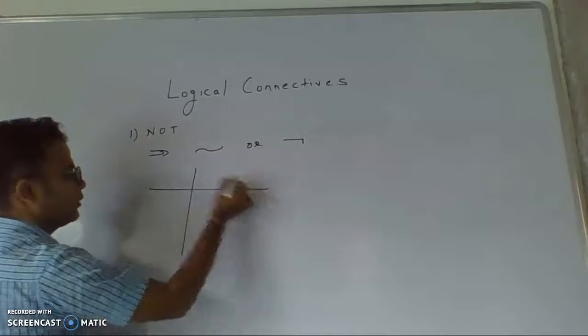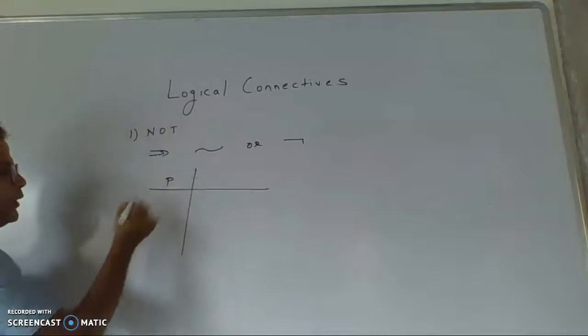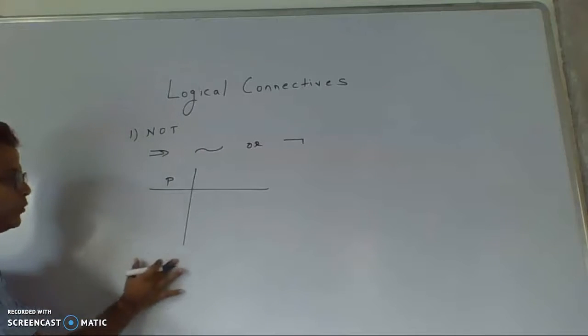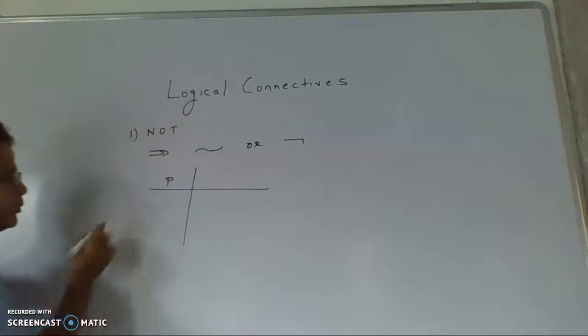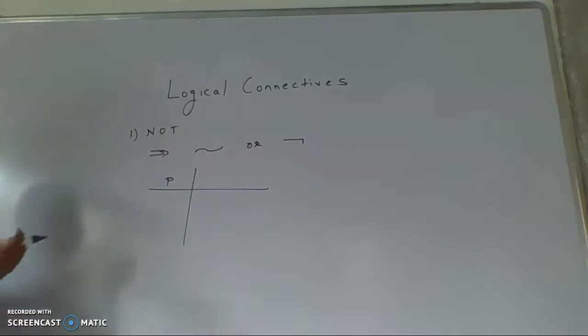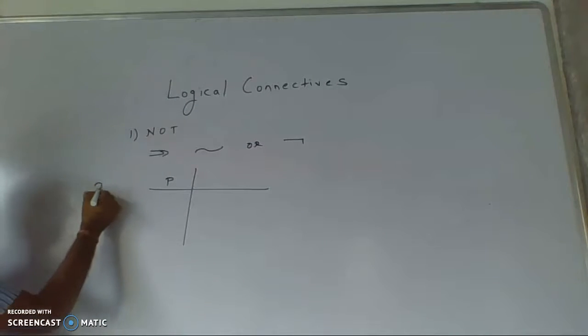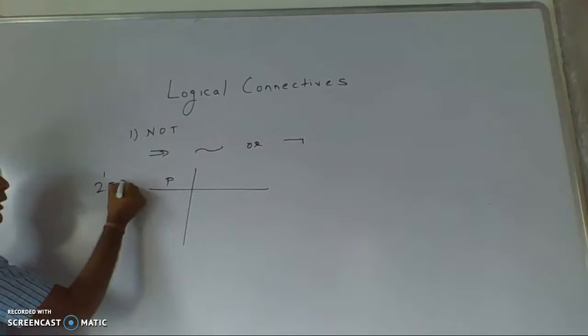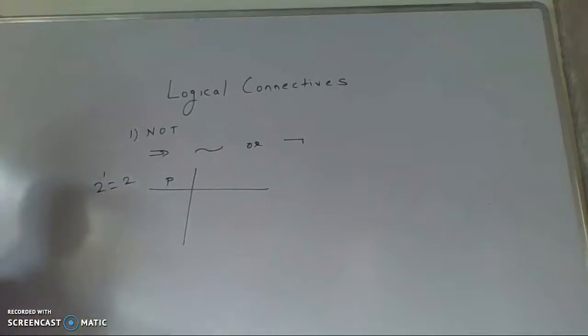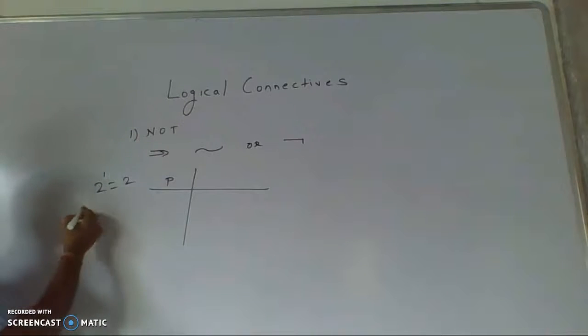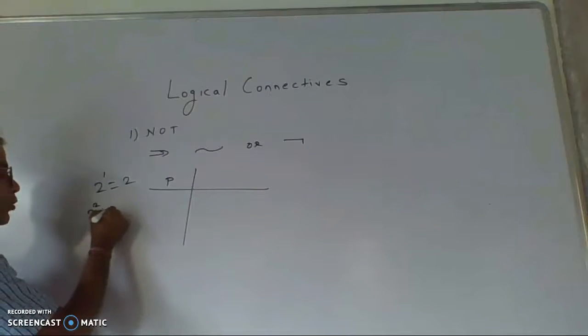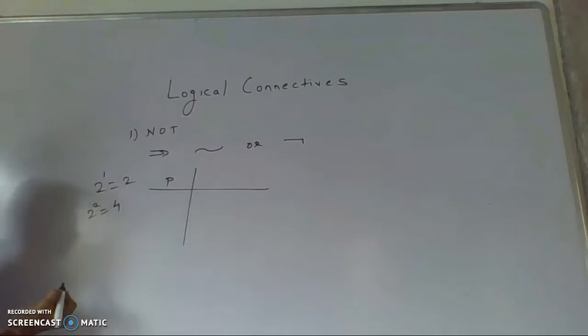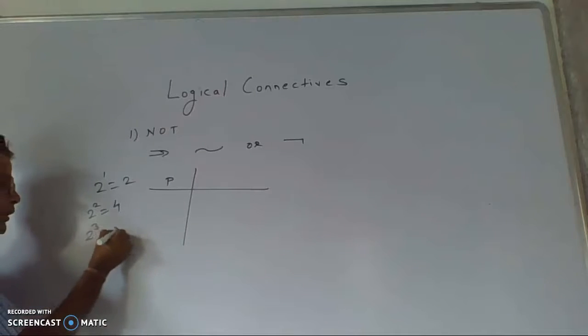If there is one statement P, the number of possible truth values is 2 raised to the power 1, that is 2. If there are two statements, the number of possibilities is 2 raised to the power 2, that is 4. If there are three statements like P, Q and R, it is 2 raised to the power 3, that is 8.